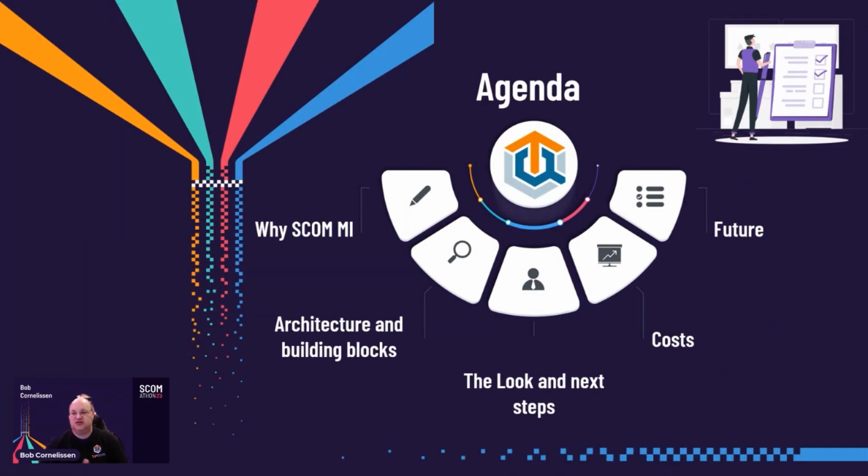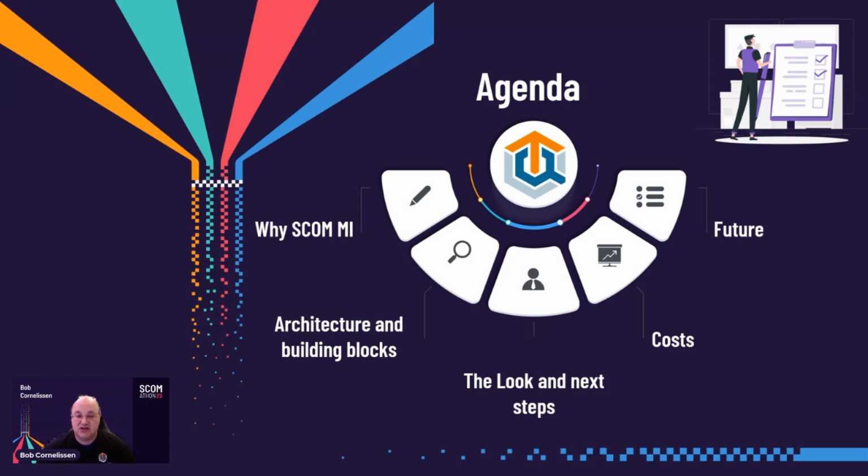Right. So we will start talking about the why of SCOM MI. Then we are quickly diving into the architecture and building blocks. So the building blocks are the things that we need in the cloud, on-prem. What do we need as prerequisites? And how do we get it then installed? Next, I will show you a little bit about the look and feel and the next steps.